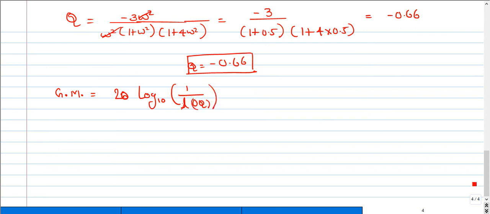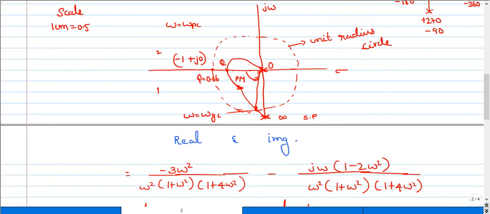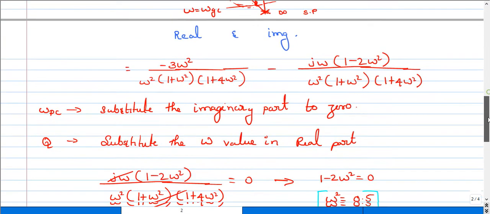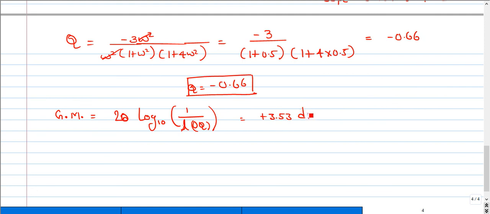So what is that OQ length? Please check. This particular length, that is OQ, is 0.66. If I substitute the value, I will get the answer as plus 3.53 dB.